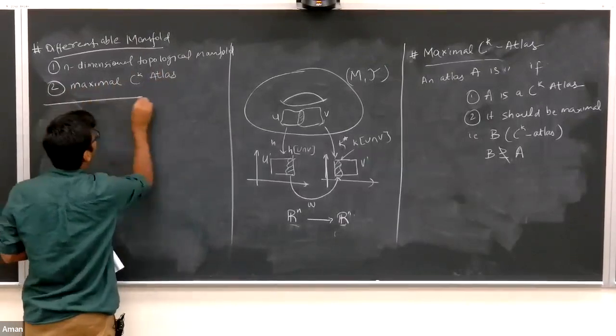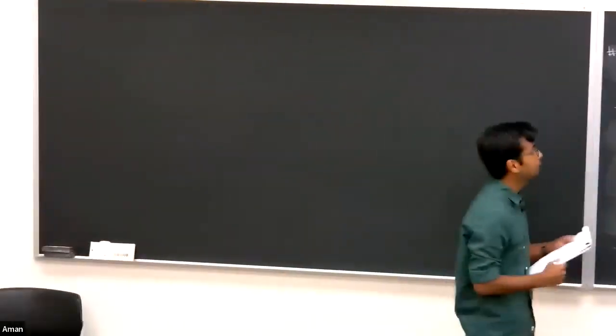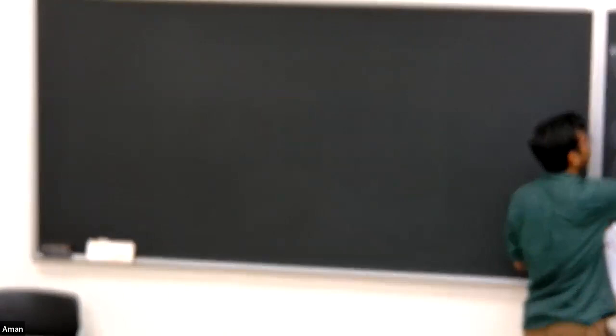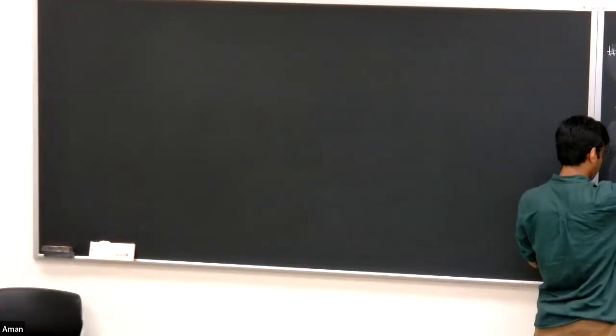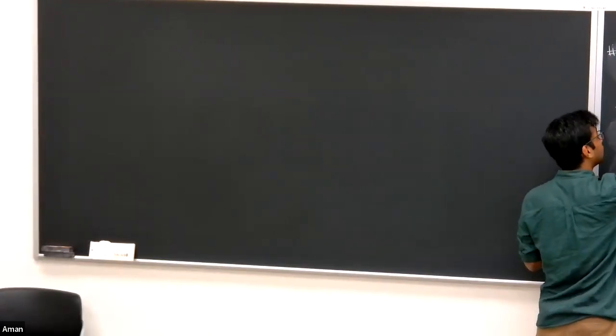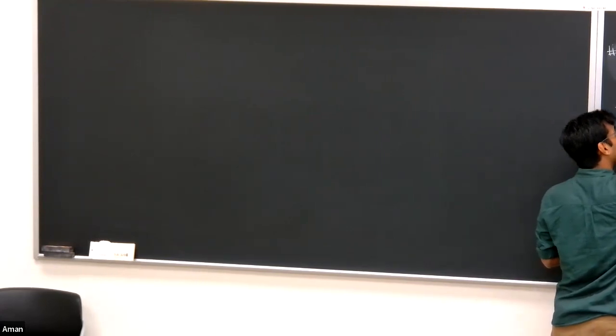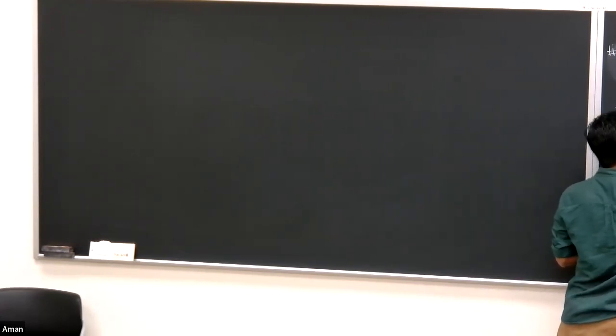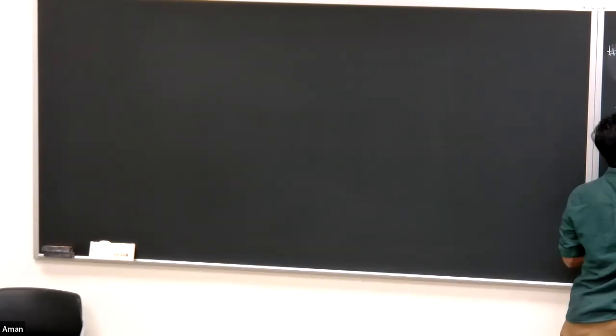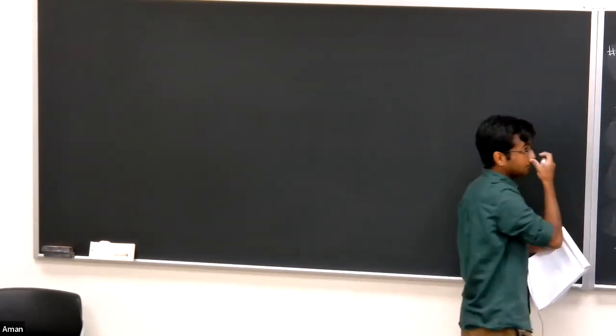Right? So because the differentiable manifold only has these two, it's also said that the manifold has a CK smooth structure. Both of them mean the same thing.